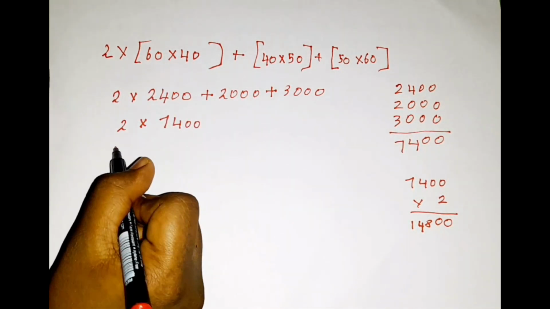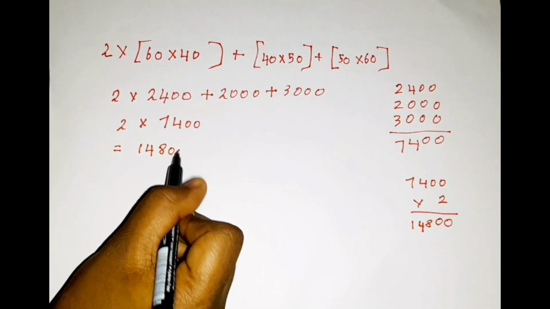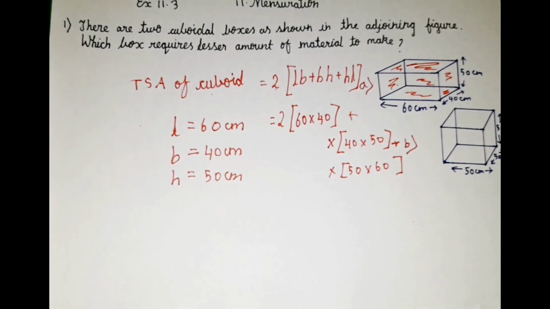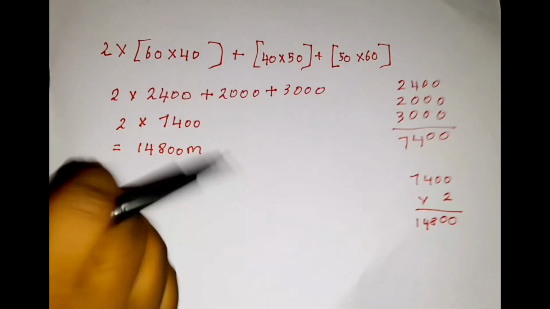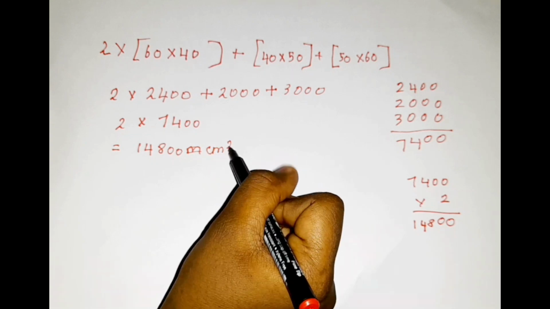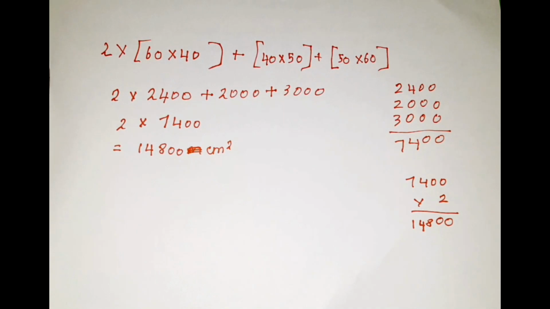So now what do I have? 14,800 meter. So it is in meter form, am I right? Yeah, sorry, it's in centimeter form. So centimeter square. So this is the area for the cuboid.